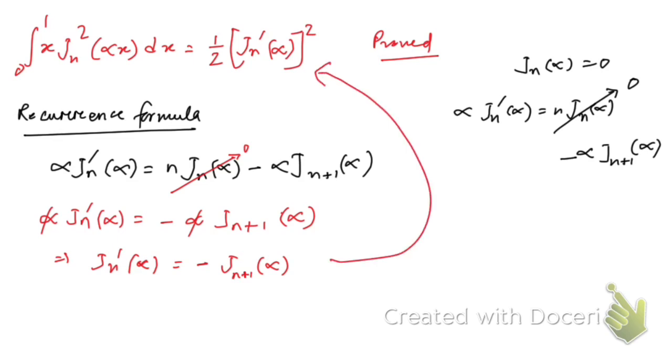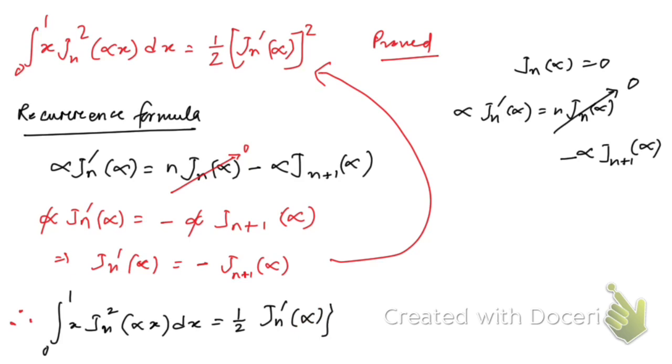Then what we're gonna have, therefore, is the integral from 0 to 1 of x Jn square alpha x dx is equal to half Jn dash of alpha whole square. Then this can be replaced by this result.